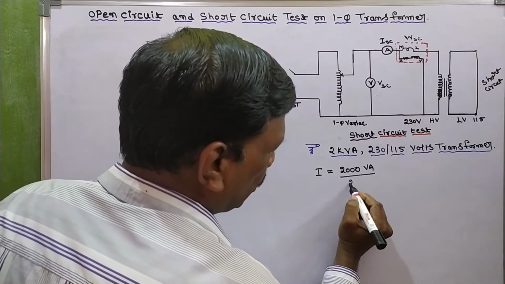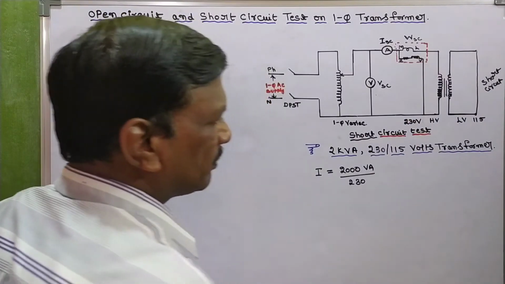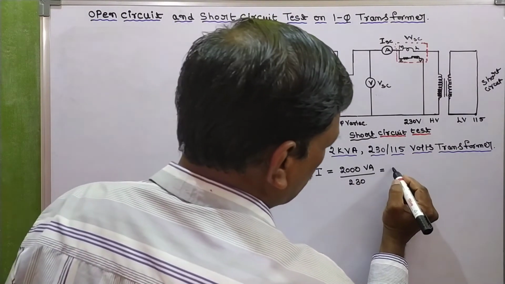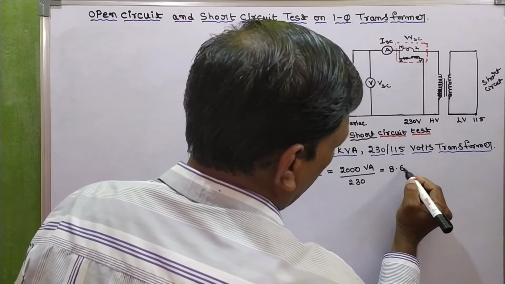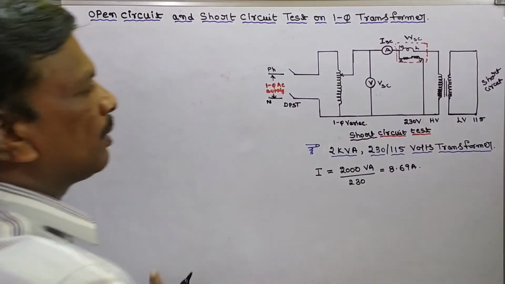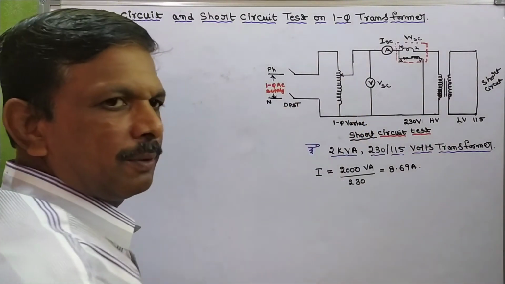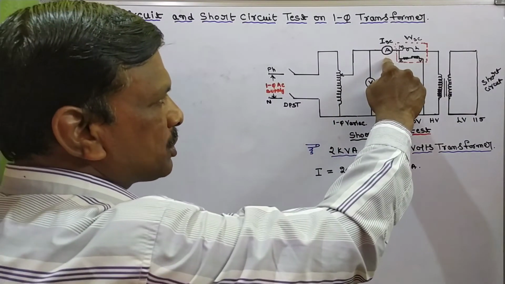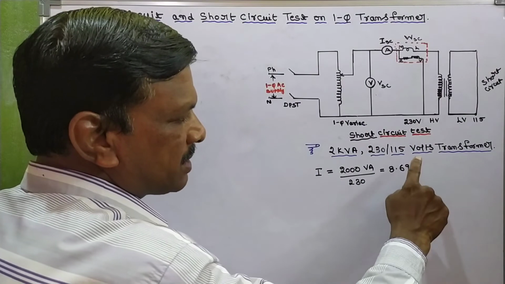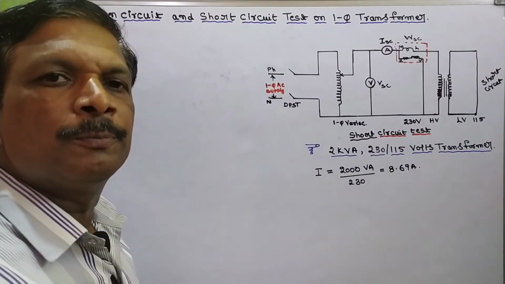So the rated current I is approximately 8.69 amps. Now by changing the variac, we set the ammeter value to 8.69, which is the rated value.